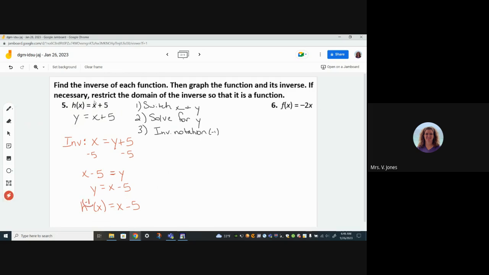This -1 is not an exponent. That's just a little notation that means it's the inverse. So don't get that confused, because h of x, that's not even a variable, that's the name of the function. This is function h, it has an x in it, and this means that's actually the inverse of function h.